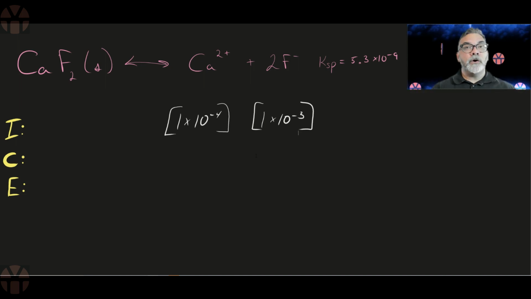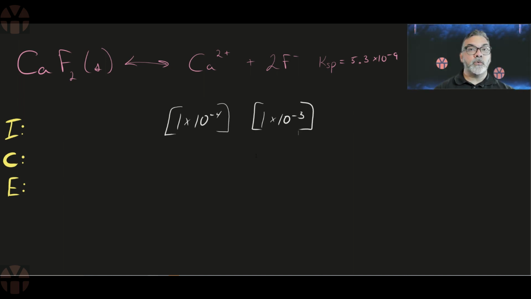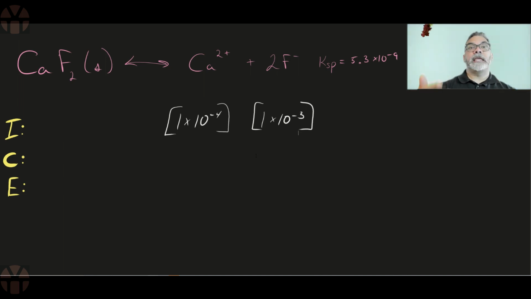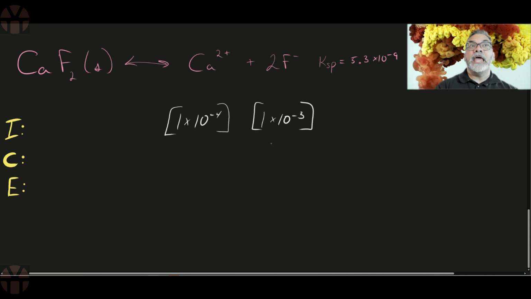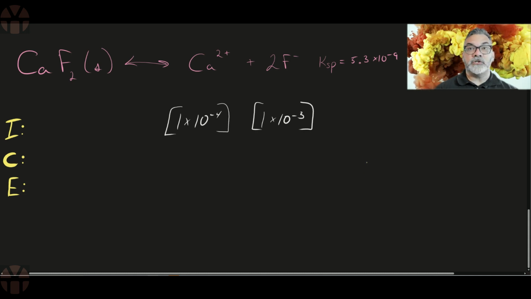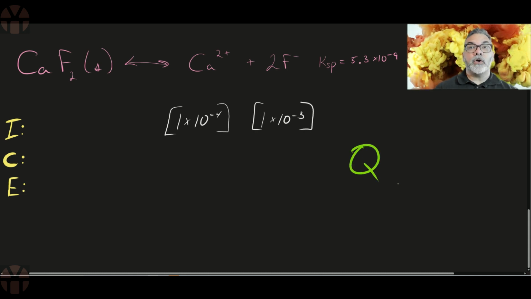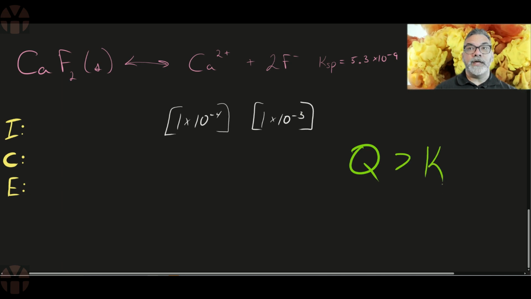So as we said earlier, the only hope I have for answering this question is to make a comparison between my reaction quotient and my equilibrium constant. So what do we mean? Well, we're going to have to see if one of these statements is true. Is right now Q greater than K?